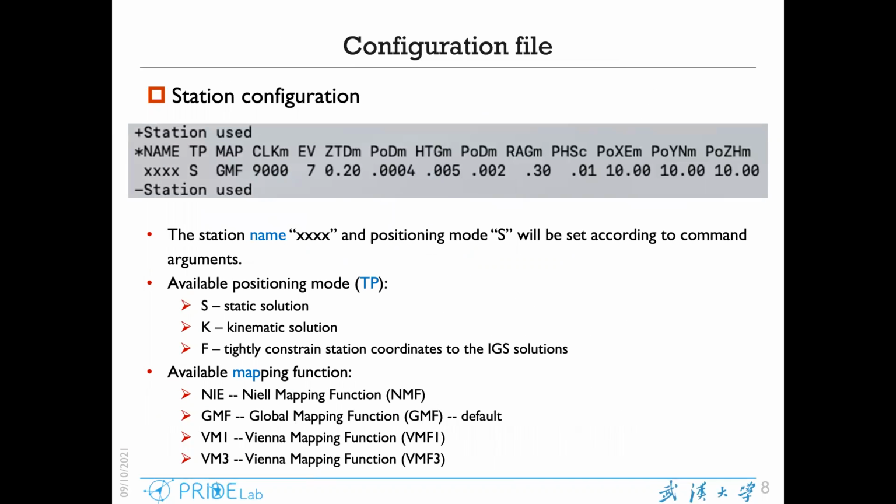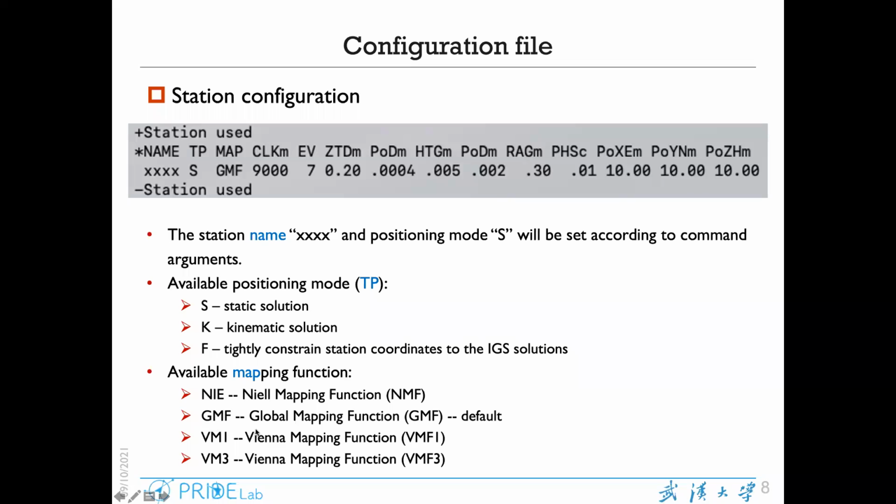Okay, then we can come to the final block for station configuration. Usually you don't need to change anything here for station configuration, except if you want to try some other options for the tropospheric mapping function here. For example, we have 4 options for you.